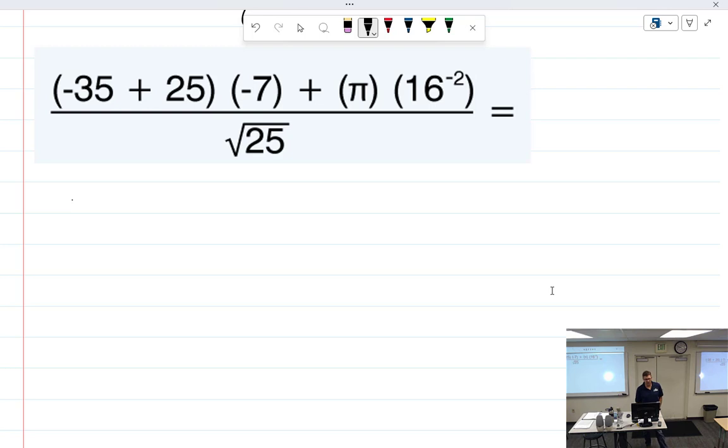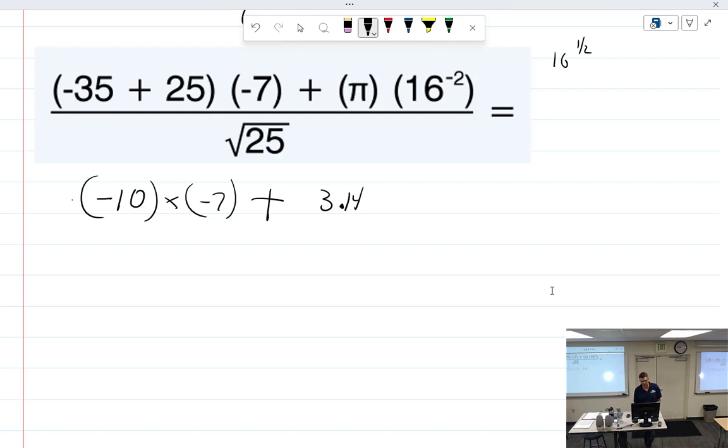But to do it longhand, what do we get? Negative 35 plus 25 is negative 10 times negative 7 plus, what is pi? 3.14. And 16 to the negative power, again, is 16 to the half power is what it really is. What did that end up being? 0.0039.